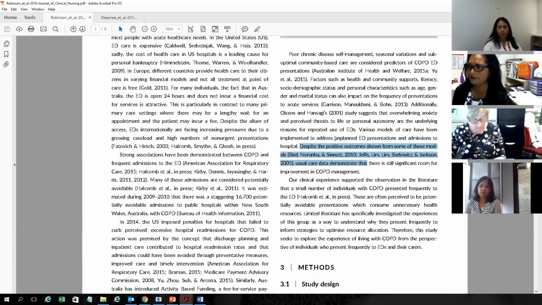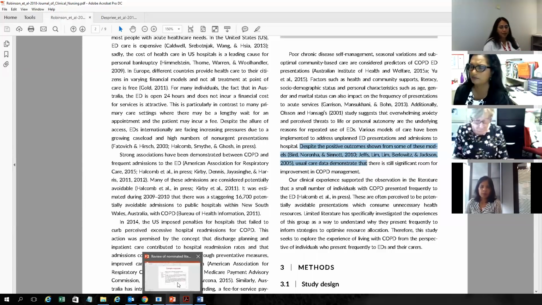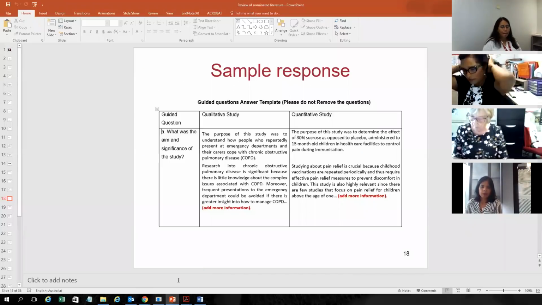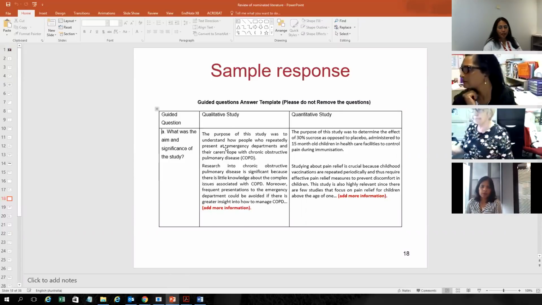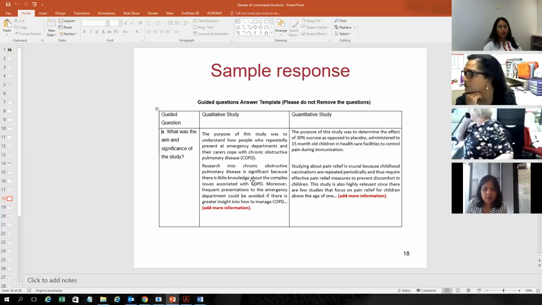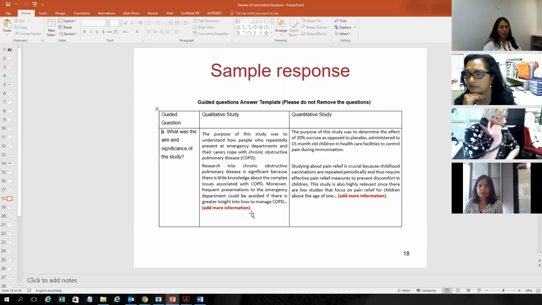Okay, so even if you're using this part, yes, you need to paraphrase it, but you don't need all these sub-references. Have you all understood that? Please raise your hands if you understand that. Okay, so the first bit is the aim, and then you write about the significance of the study. We don't need any references at all, everybody. It's straight from the paper.